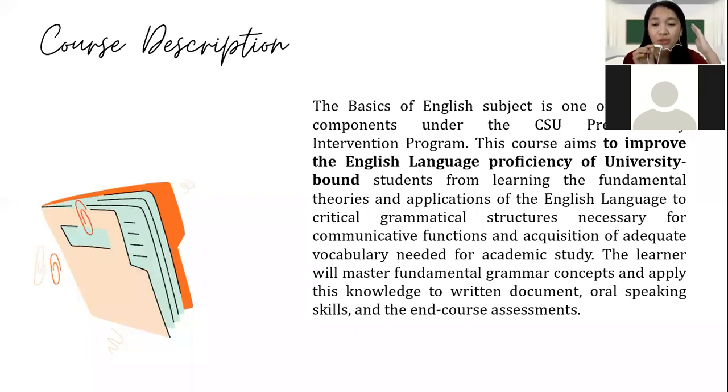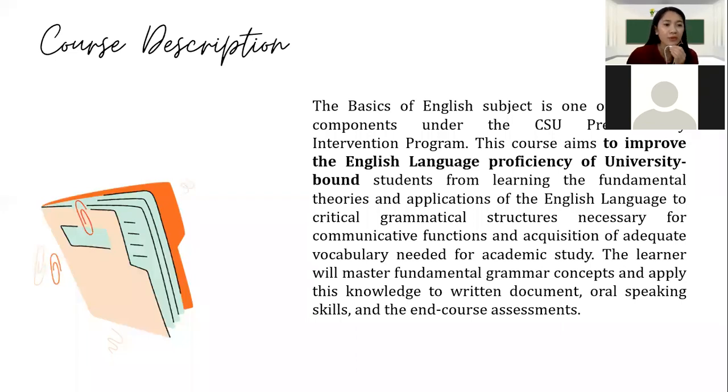But we also want to learn subordinate conjunctions; we really have to dig deep on those topics. And then you will also learn vocabulary, because these are needed for academic study. So the learner will master fundamental grammar concepts and apply this knowledge to written documents, oral speaking skills, and the end course assessments. All right?